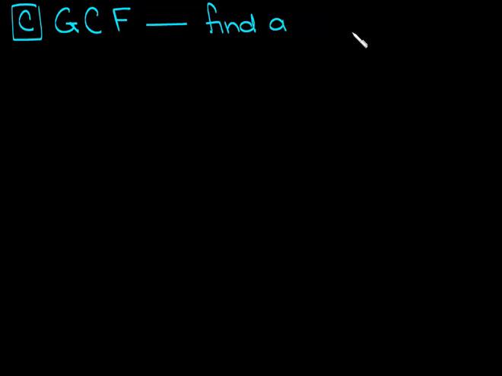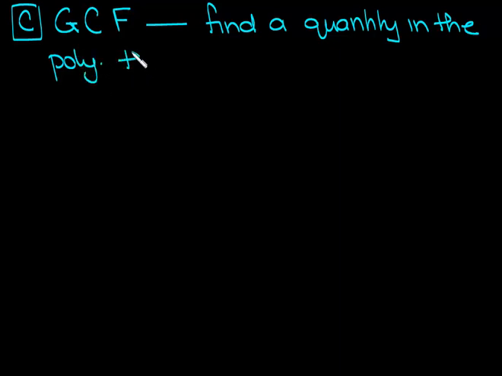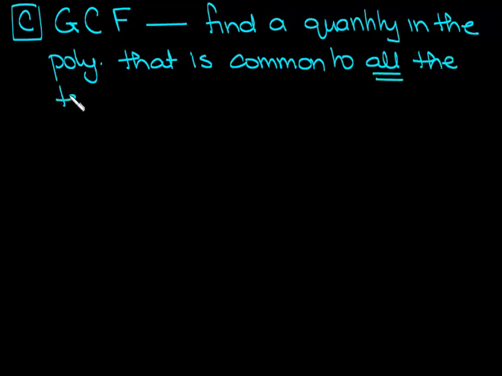For the greatest common factor, we are trying to find a quantity in the polynomial that is common to all the terms of the polynomial.